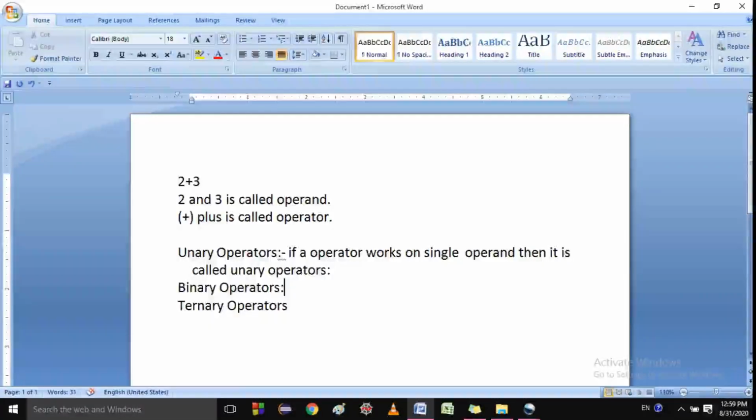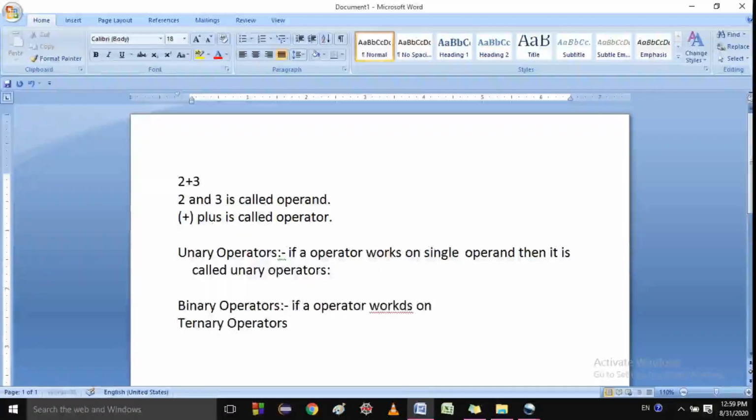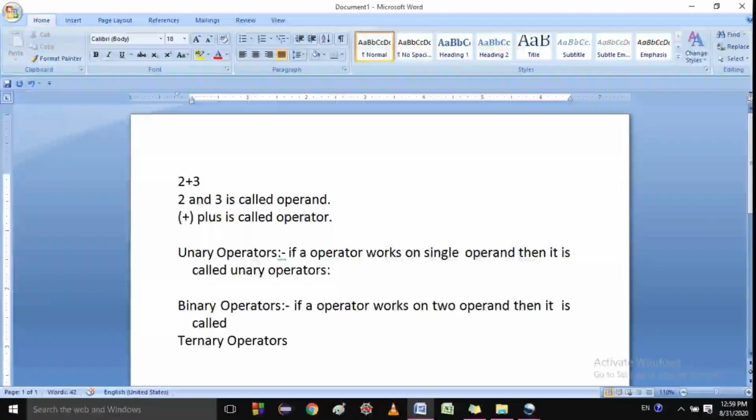The next one is binary operator. If an operator works on two operands, then it is called a binary operator.